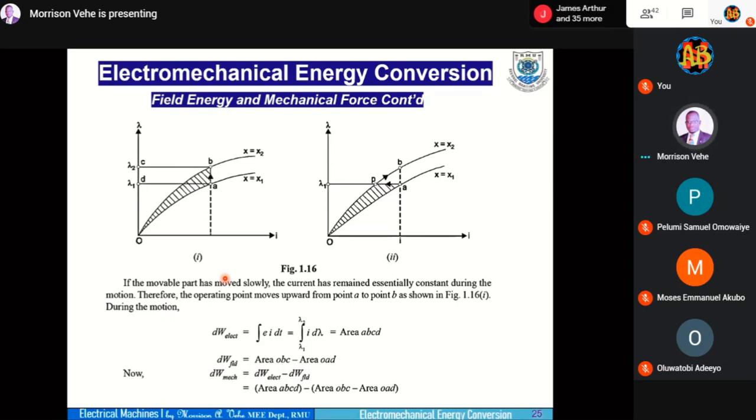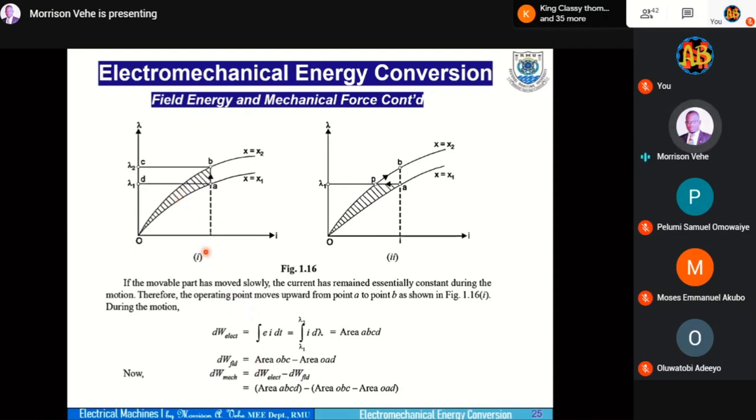Based on the electrical, we can have the induced EMF times the current, so that if we integrate, that will mean that we are looking at lambda 1 to lambda 2, and that's based on our curve.